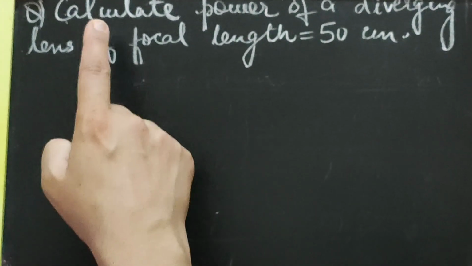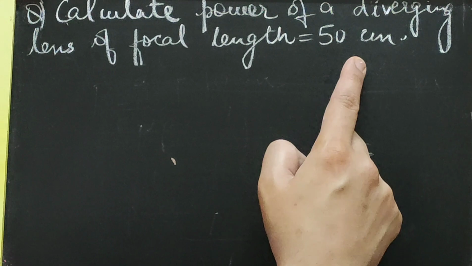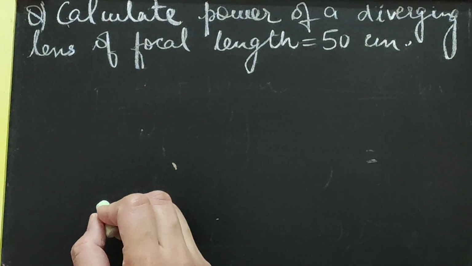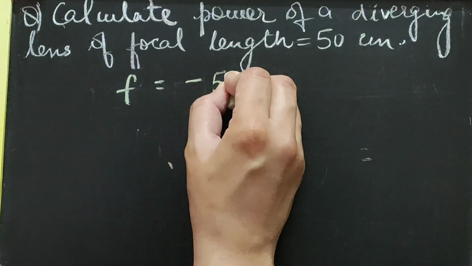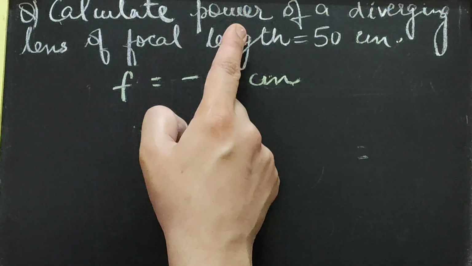Next question is to calculate power of a diverging lens this time, and focal length is given as 50 cm. Diverging lens means it is a concave lens, and by sign conventions we will take the focal length to be negative 50 centimeters. We have to find the power.